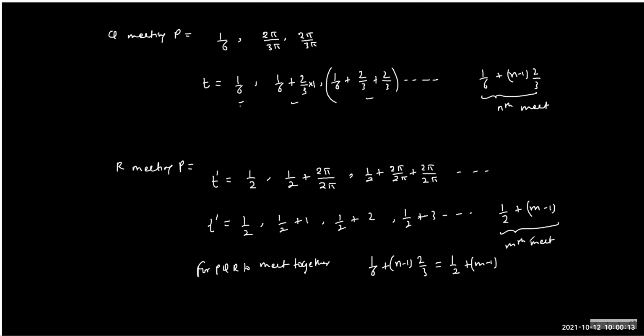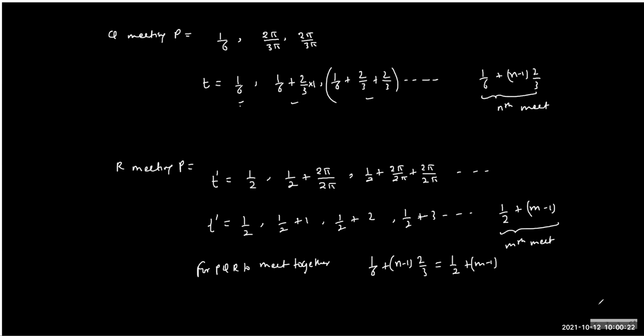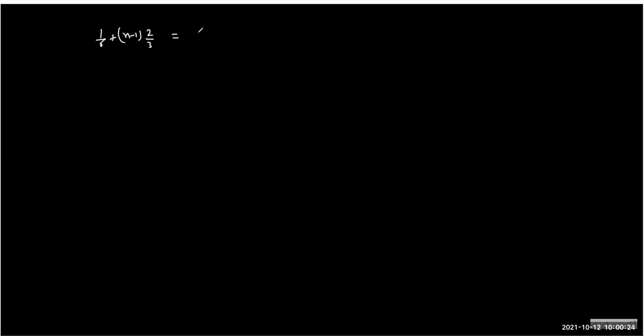We have 1 by 6 plus n minus 1 into 2 by 3 equals 1 by 2 plus m minus 1, so this is basically m minus half. And this we can write as 1 by 6 plus n minus 1 into 4 by 6. Let's multiply.